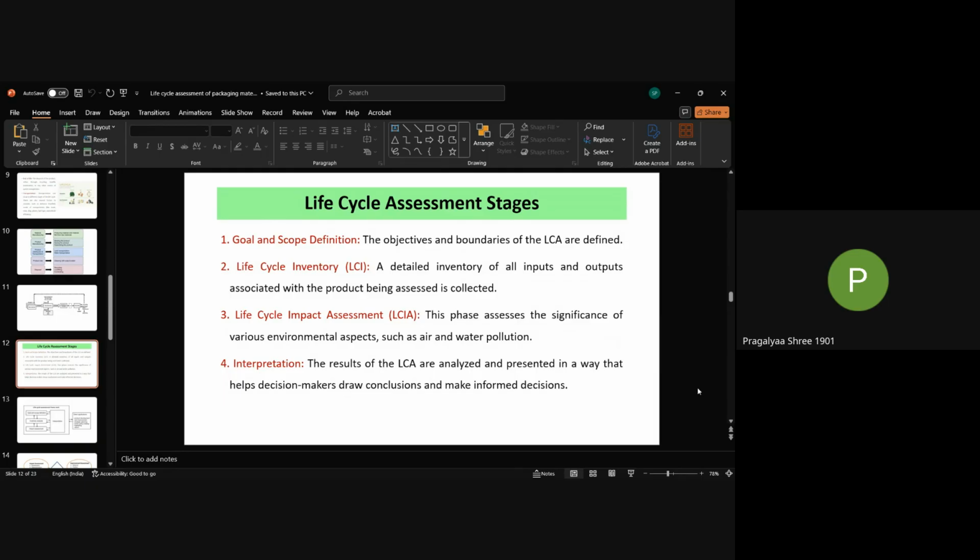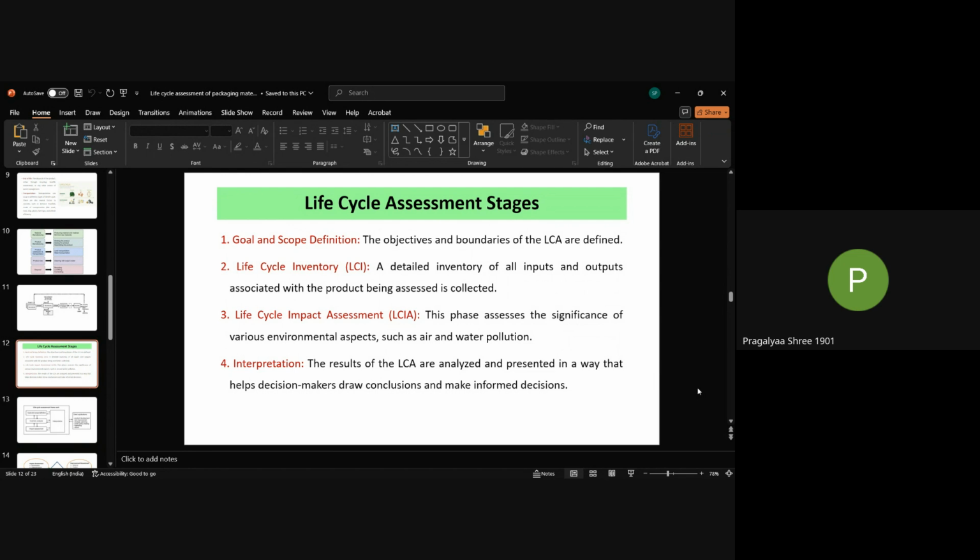Then life cycle impact assessment is nothing but this phase assesses the significance of various environmental aspects, such as air and water pollution, which is involved in this assessment stage. Then interpretation: the results of LCA are analyzed and presented in a way that helps decision makers draw conclusions and make informed decisions. So first we define the scope, where we are going to start, where we are going to end.